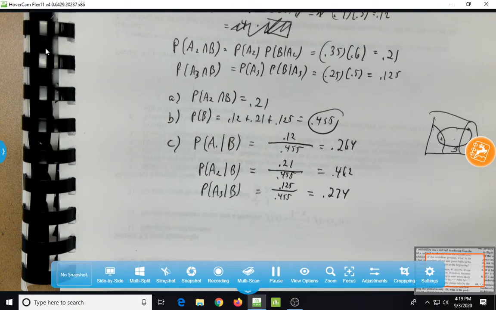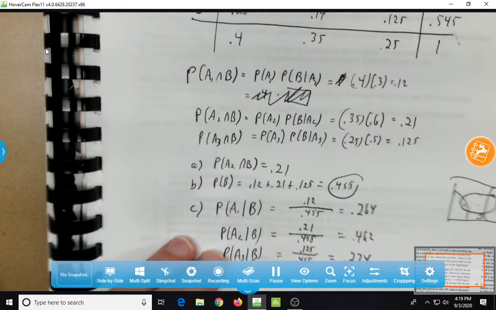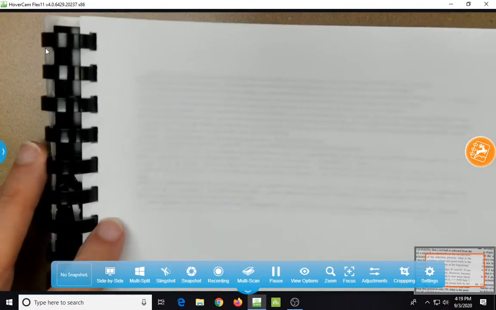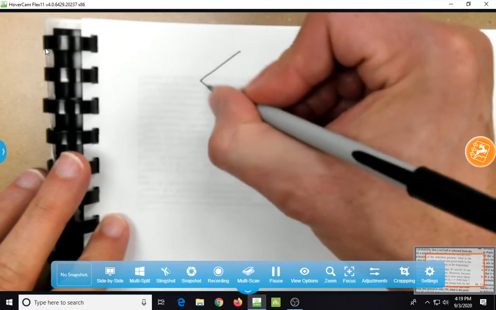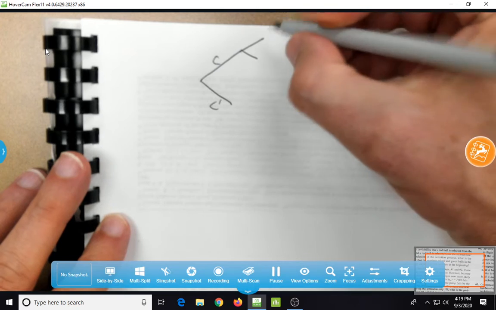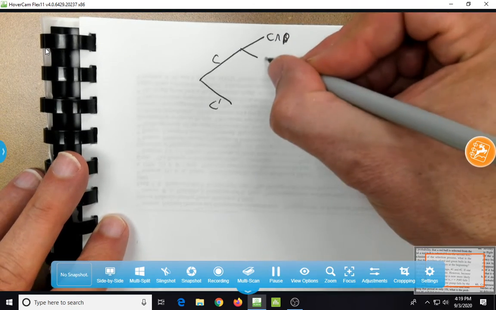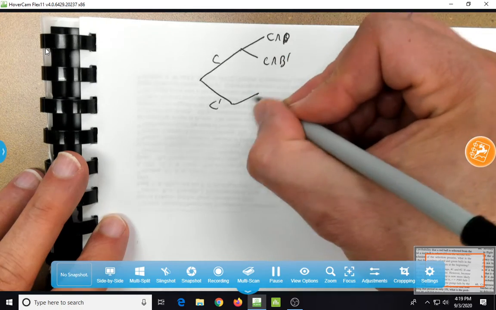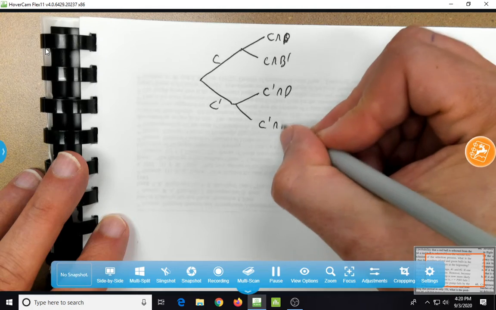Okay. Now let's try it the other way with the tree method. And just to set us up, let's suppose that I have C and D. I could do C and C complement, and from there I could have C intersect D, C intersect D complement, C complement intersect D, and C complement intersect D complement.